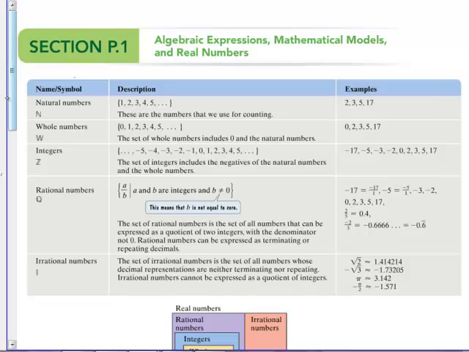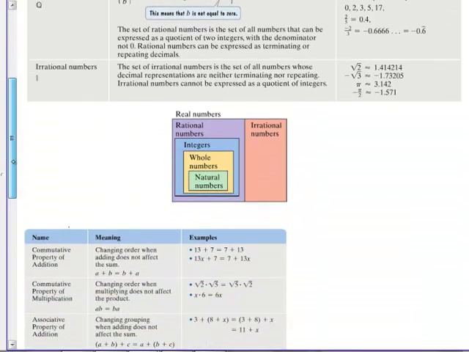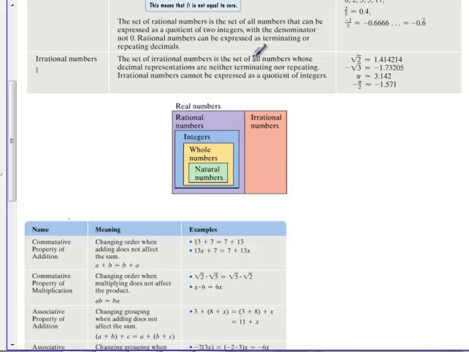As far as how everything relates, real numbers are all of those things that we just mentioned. The natural numbers are within whole numbers because the whole numbers are natural plus 0. The integers have whole numbers inside of them because the integers are all the whole numbers plus the negatives.